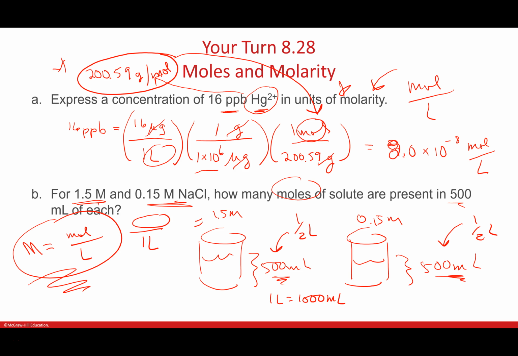So 1.5 molar means 1.5 moles over 1 liter. Would you buy it if I said 1.5 moles over 1 liter? Yes. 1.5 M is 1.5 moles over 1 liter.